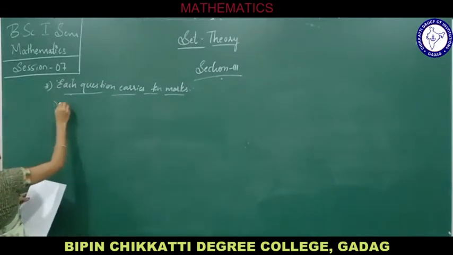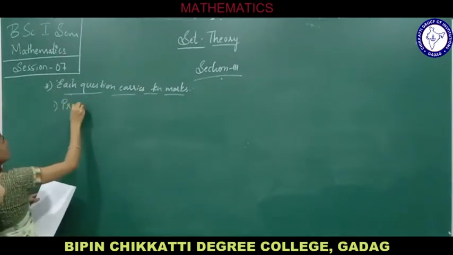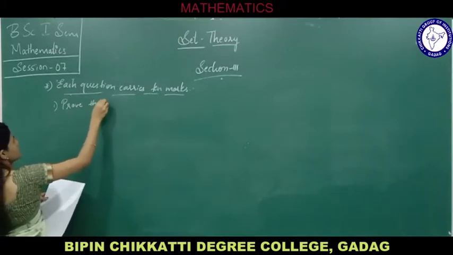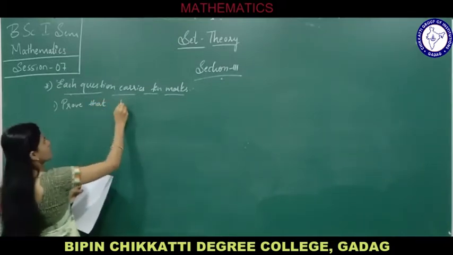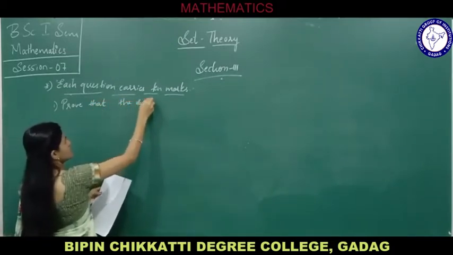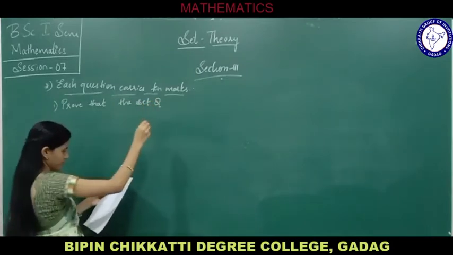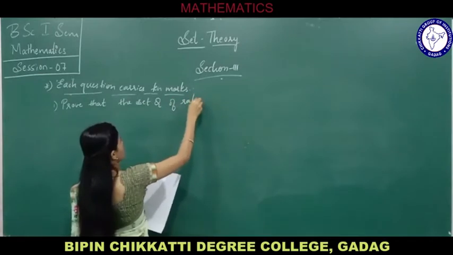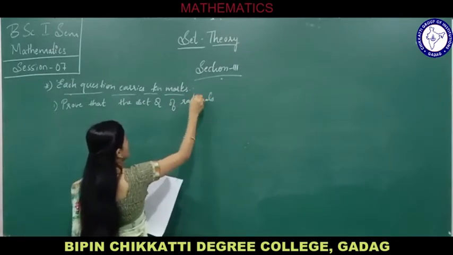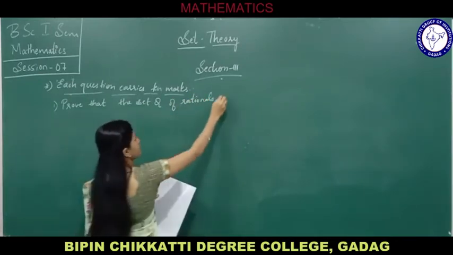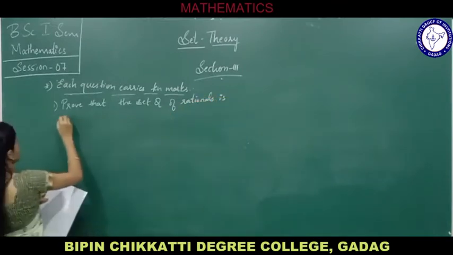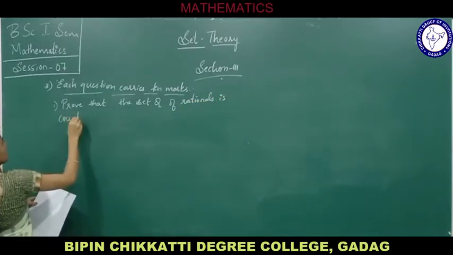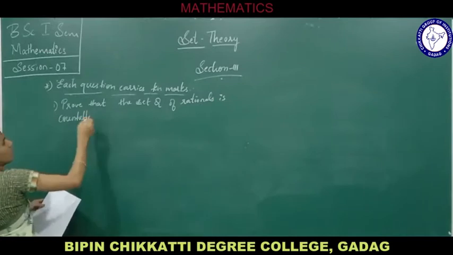What we need to prove? Prove that the set Q of rationals is countable.